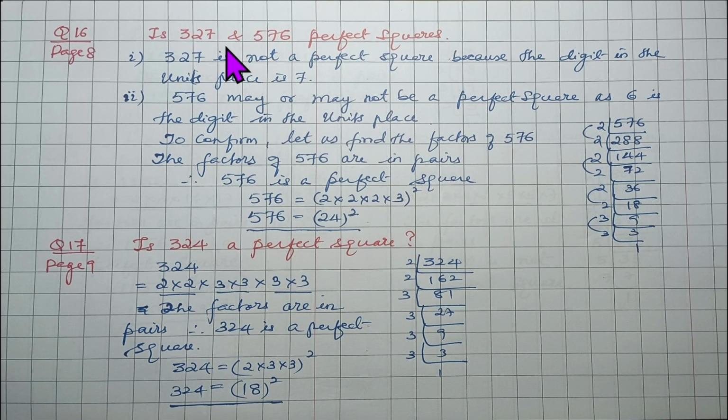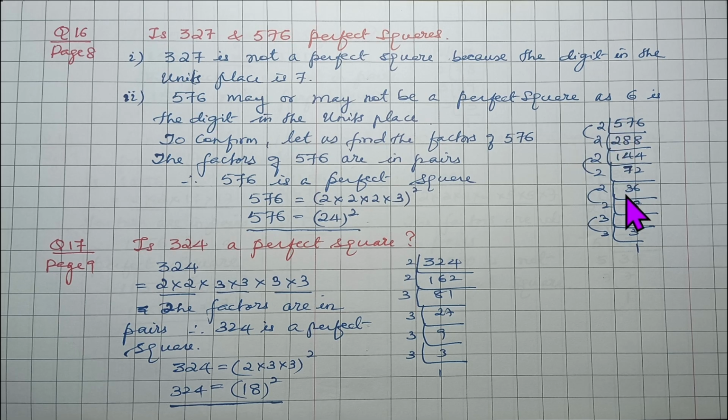Now question number 16, page 8: are 327 and 576 perfect squares? Now 327, 7 is the digit in the units place, 100% it is a non-perfect square because of the 7 in the units place. Now 576 may be or may not be, 6 is the digit in the units place, so it can be or it may not be, but we have to confirm it by finding the factors of 576. We go for prime factorization.